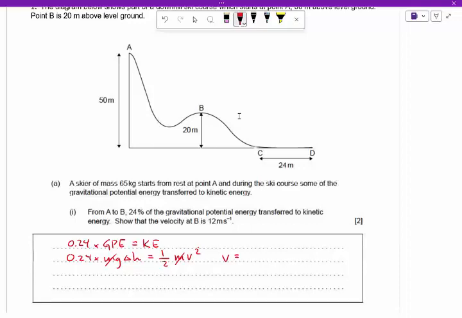So v must be equal to the square root of 0.24 times 9.8 times the change in height, which is 50 minus 20, so that's 30 meters, and we multiply that by 2. That gives us v squared, so we need to square root all of that.